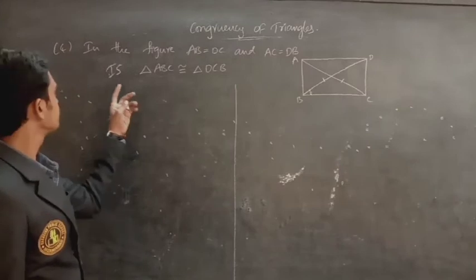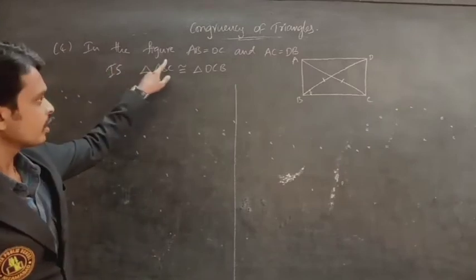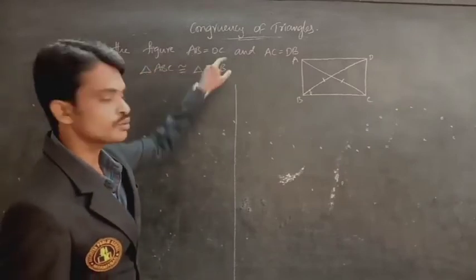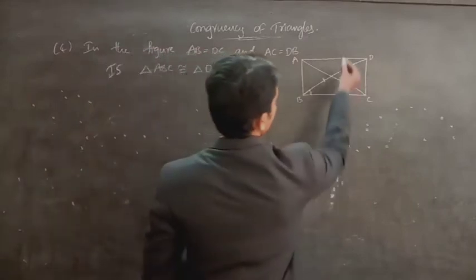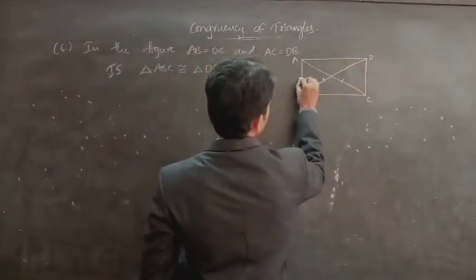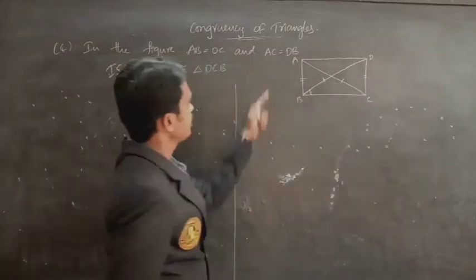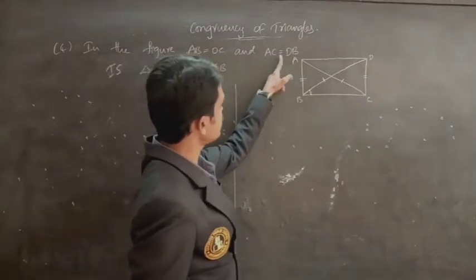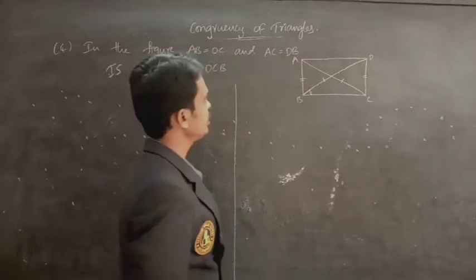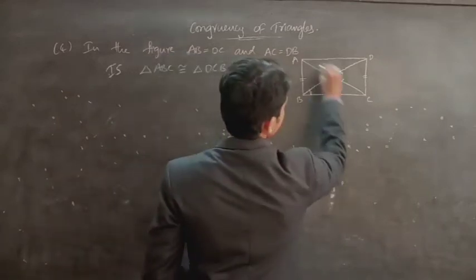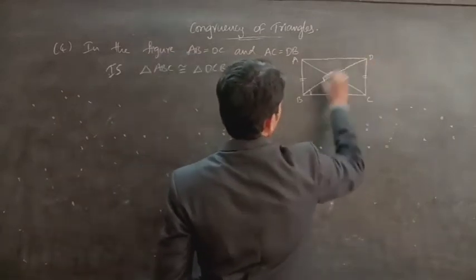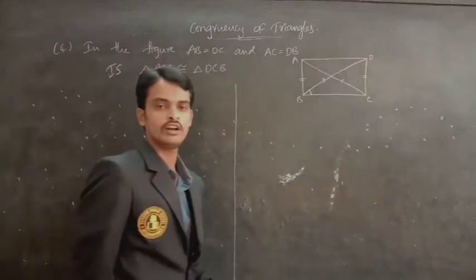Fourth problem. In the figure, AB is equal to DC, and the diagonals AC is equal to BD. This AC diagonal is equal to the BD diagonal.